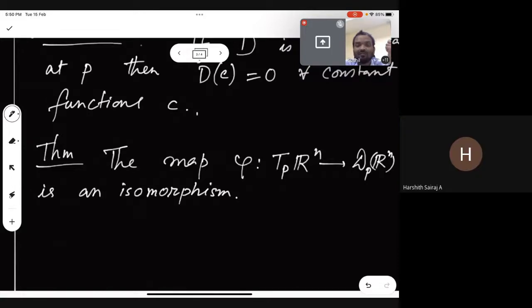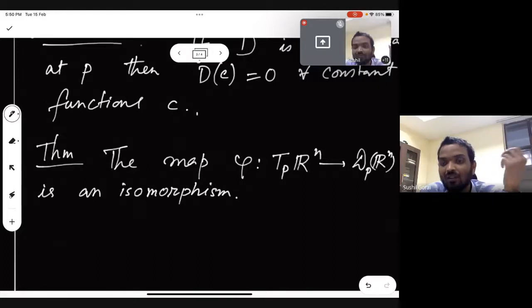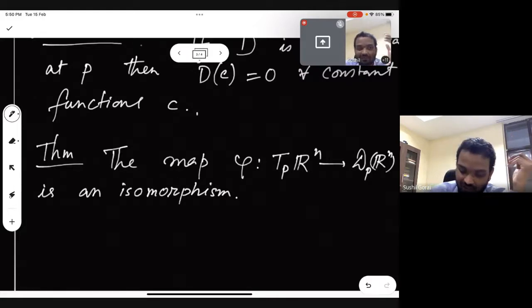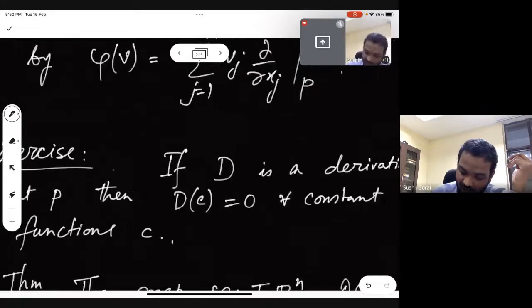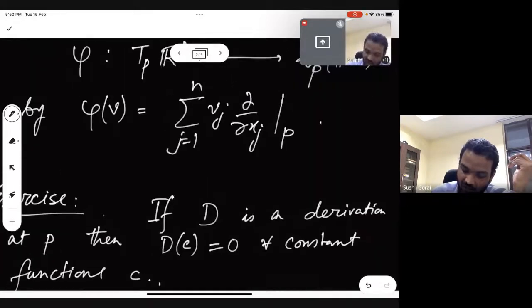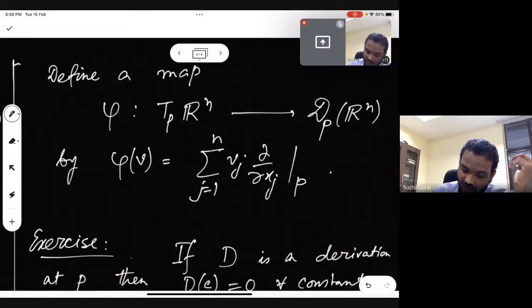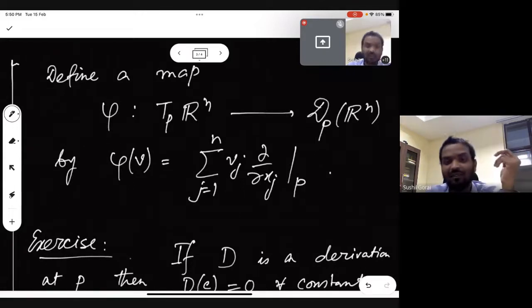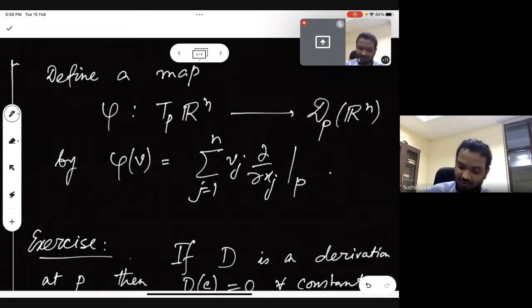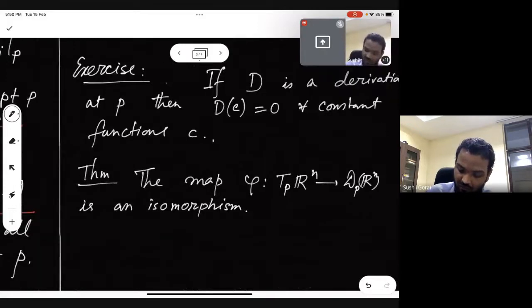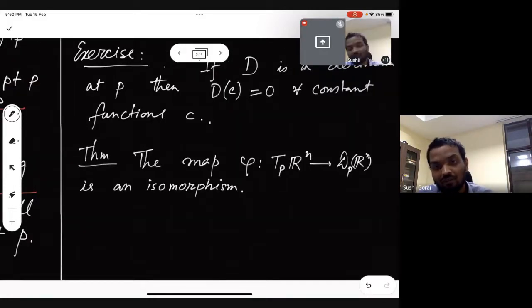Sir, what is the derivative? Yeah, that's what we are up to, right? This is the derivation. Derivation is a map that corresponds to the directional derivative. So what is the derivative of a map from a manifold to another manifold?